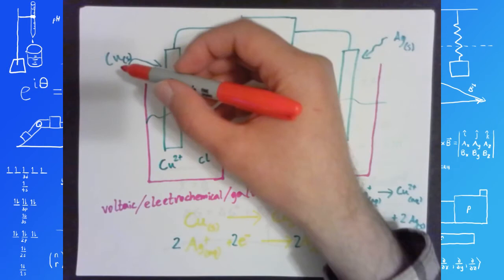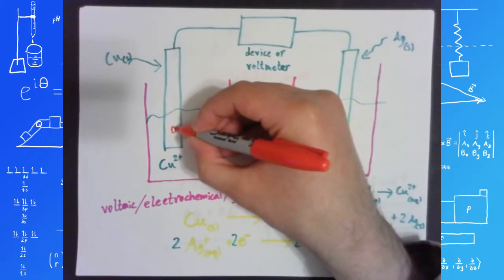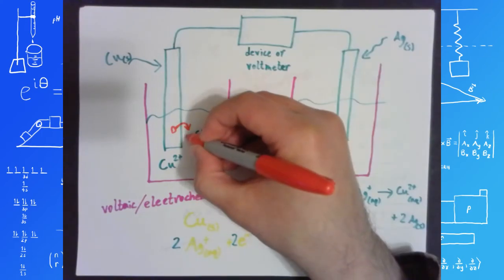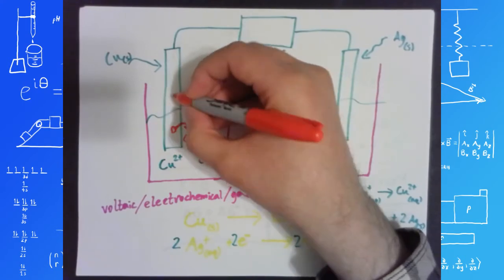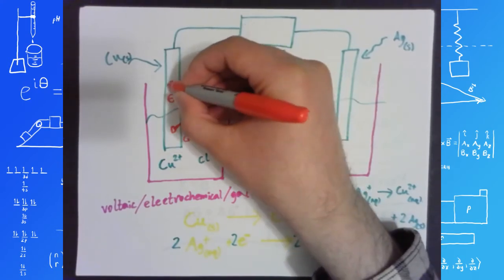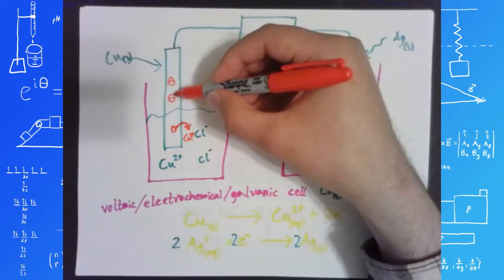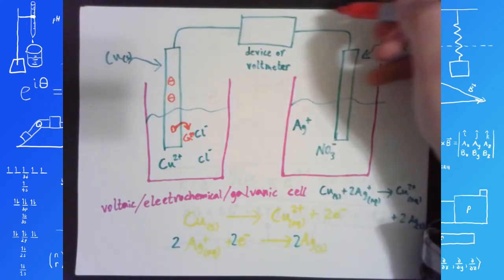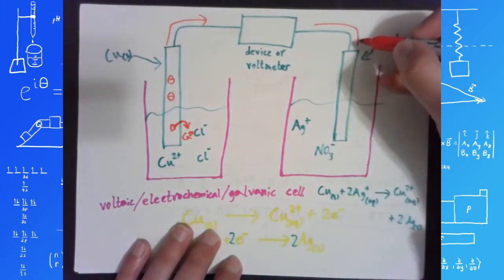So atoms of copper from this bar of copper will turn into new copper ions, and a pair of electrons will be released. A pair of electrons will be generated. Those electrons will start going up through the wire, and then they'll eventually make their way over to this side.